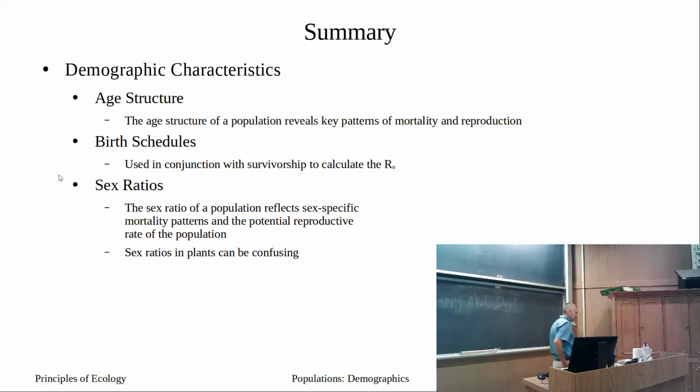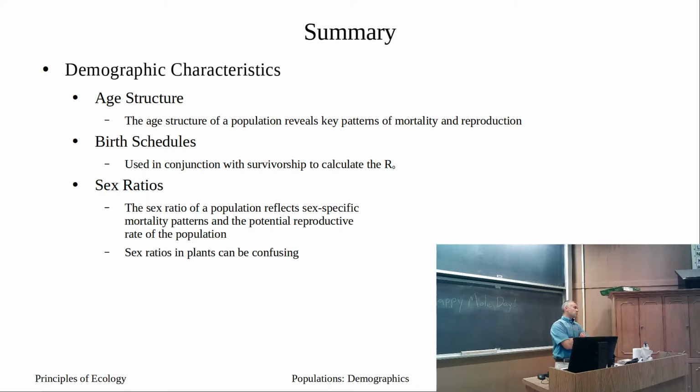Sex ratios is the third demographic character that we talk about in this part. Sex ratio is a proportion of male or female in our population. And our ratio at different age categories can reveal differences in mortality pattern between the sexes. The sex ratio can also reveal potential reproductive rates.